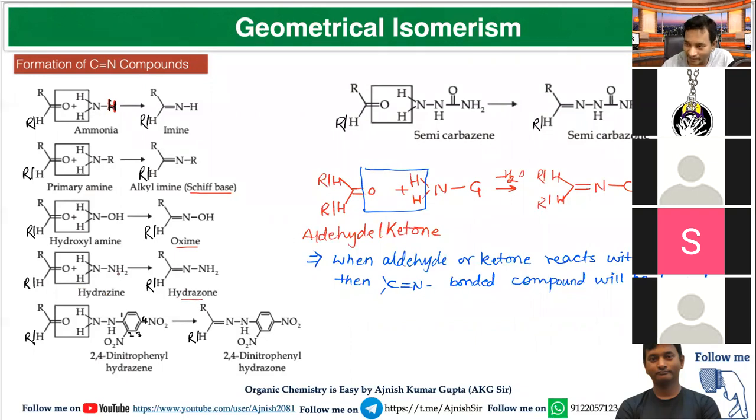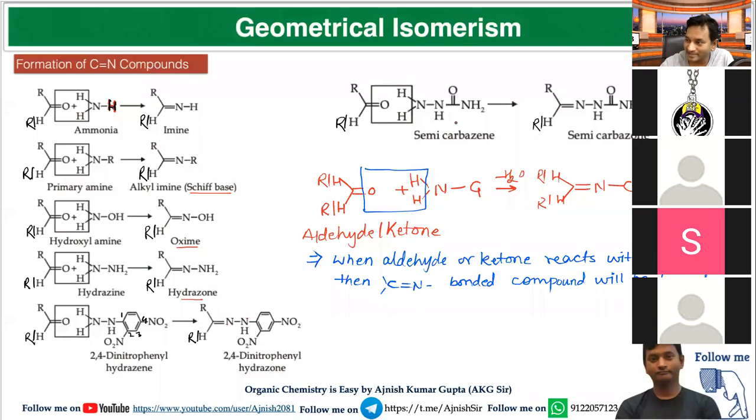And if one hydrogen of hydrazine is replaced with phenyl, and the phenyl hydrogens are replaced with nitro at positions 2 and 4, then such a compound is called 2,4-dinitrophenylhydrazine. So when 2,4-dinitrophenylhydrazine reacts with aldehyde or ketone, then a carbon double bond nitrogen system will be formed.